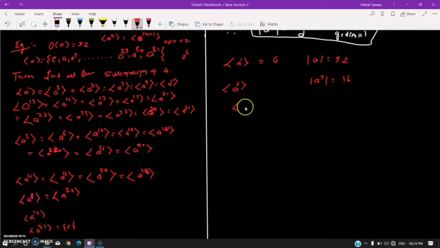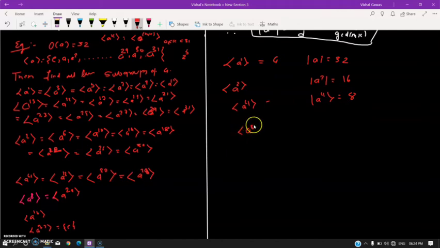Then a power 4 would be, order of a power 4 would be 32 by GCD of 32 and 4. That's 8, right?